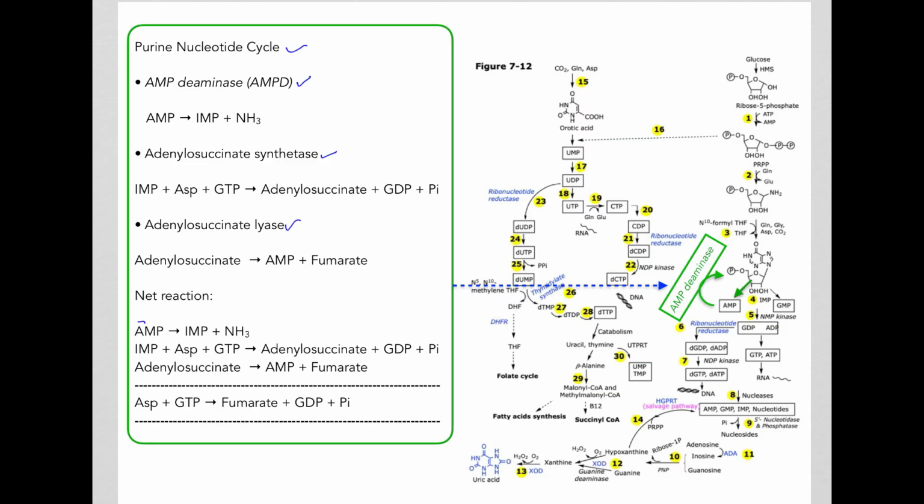When you add up the reactions catalyzed by these enzymes and cancel out all the common intermediates such as IMP and AMP, you end up with a net equation, and that is basically that this amino acid is converted into fumarate. Okay, so aspartate is converted into fumarate.